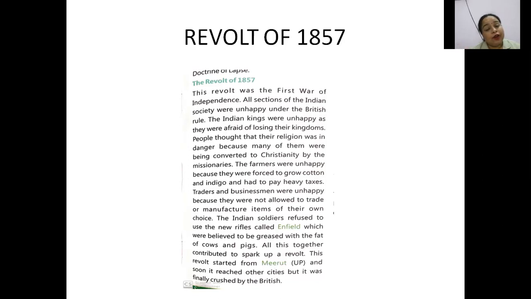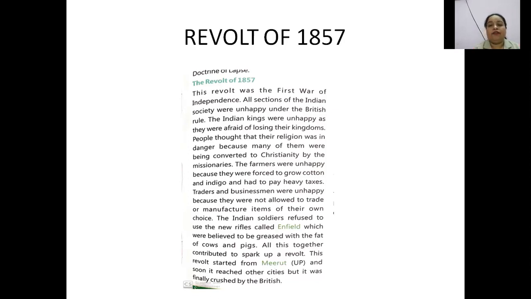I will only manufacture that thing which the Britishers want me to make. So they were forcing the traders to manufacture that only.